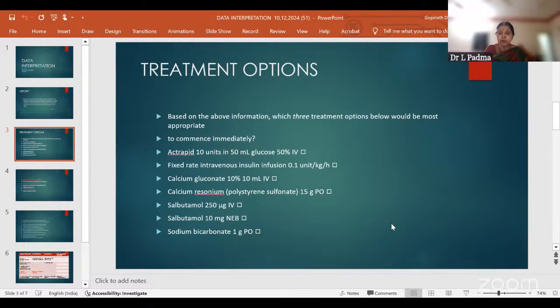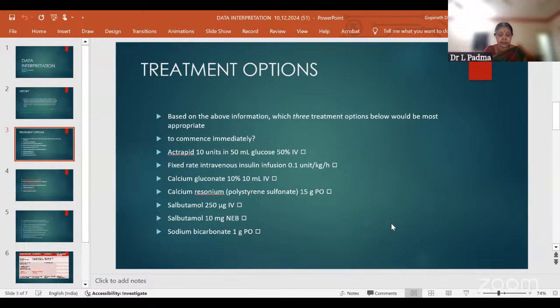So you have to know the actions of insulin, calcium, as well as salbutamol. When you know the rationale, then you can come to a conclusion whether any of these can be given, or whether we have any problem further also.